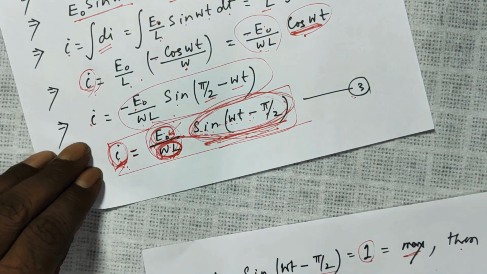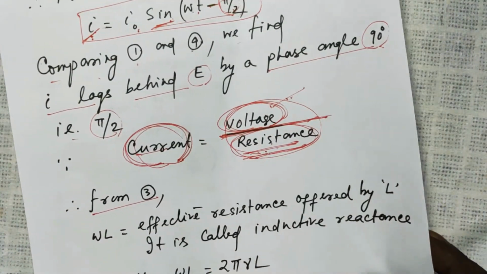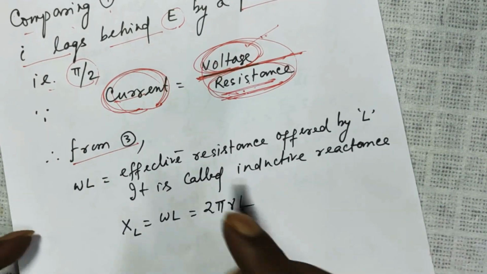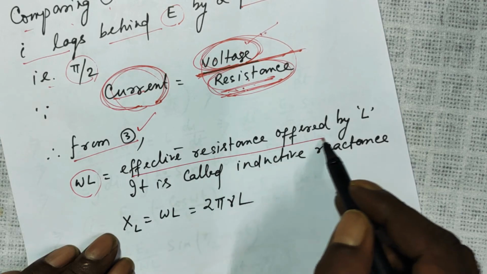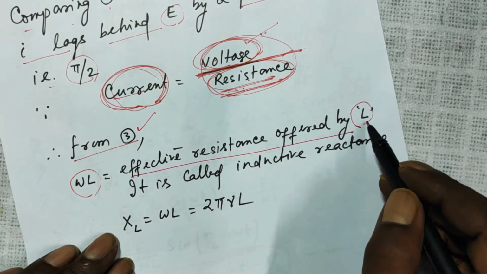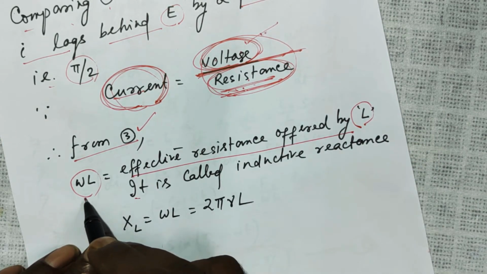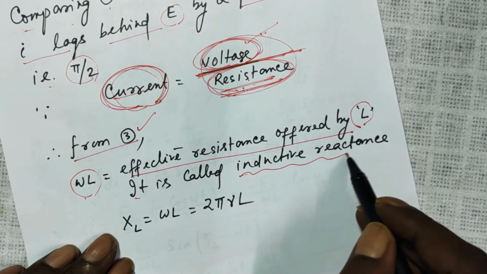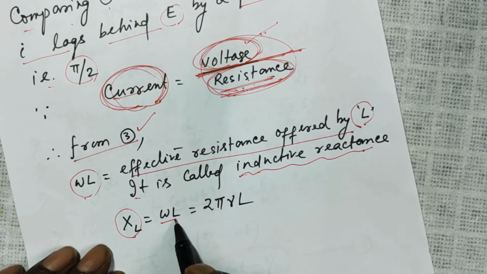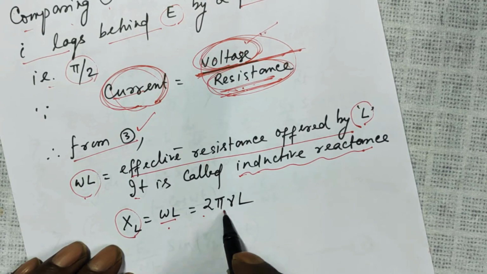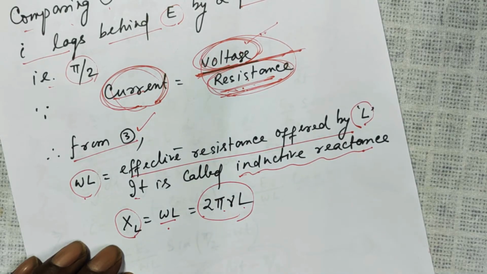Therefore, omega L is the resistance. So the conclusion is, from equation 3, omega L is the effective resistance offered by an inductor, and this resistance is called inductive reactance. The symbol for that is XL, that is omega L, and omega we know is 2 pi nu, so 2 pi nu L.